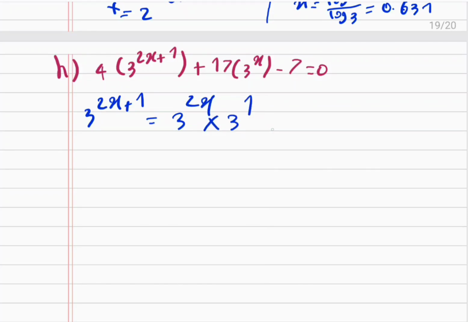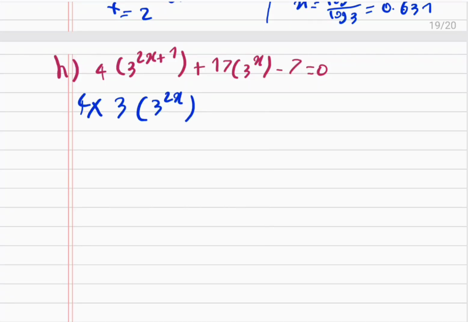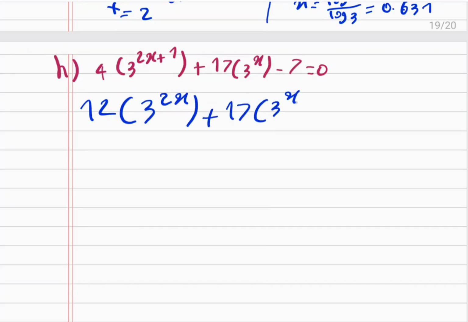So the equation becomes 4 times 3 times 3 to the power of 2x, and 4 times 3 is 12. So we have 12 times 3 to the power of 2x plus 17 times 3 to the power of x minus 7 is equal to 0.